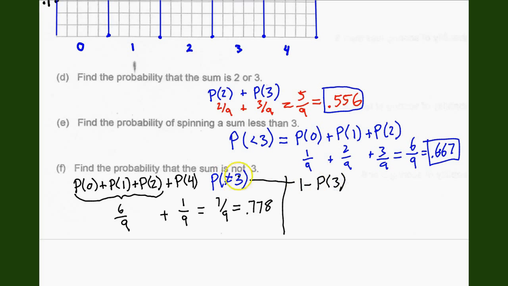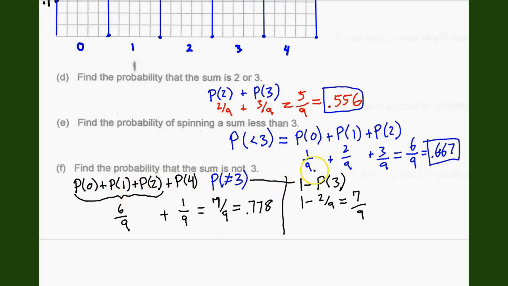I'm just taking the 100% and removing the probability of 3 happening, which is 2 out of 9. And 1 minus 2 ninths is 7 ninths. Same answer. So there are different ways you can look at probability: by brute force adding up however many times this happens, or we can subtract from 1, or 100%, if that's easier.